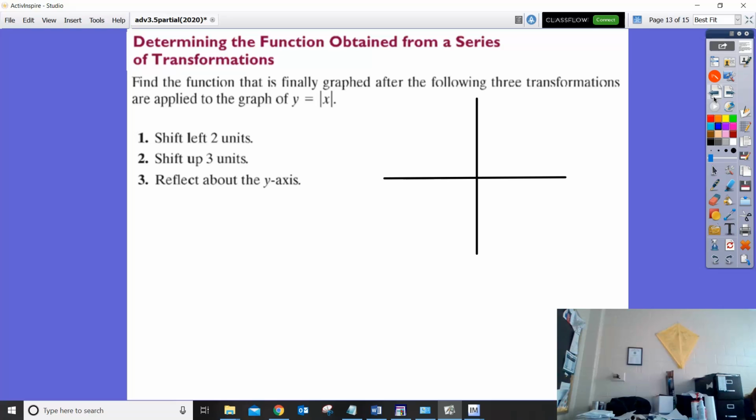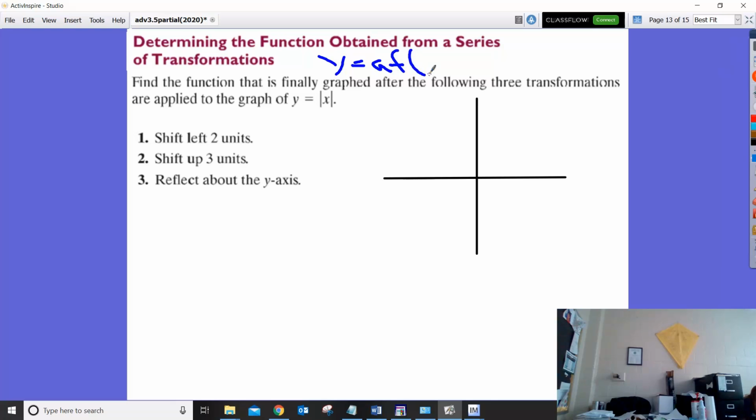Shift left 2 units. Let's see, what's our general transformation? y equals a f(b(x minus h)) plus k.